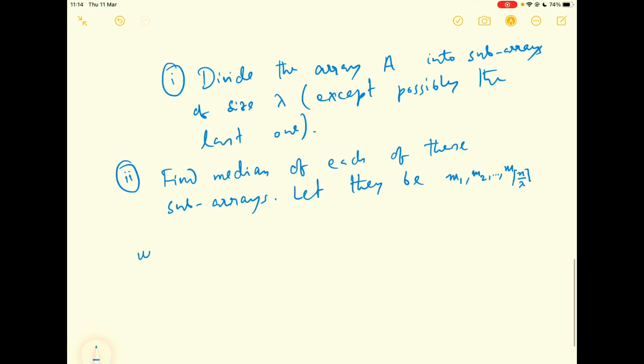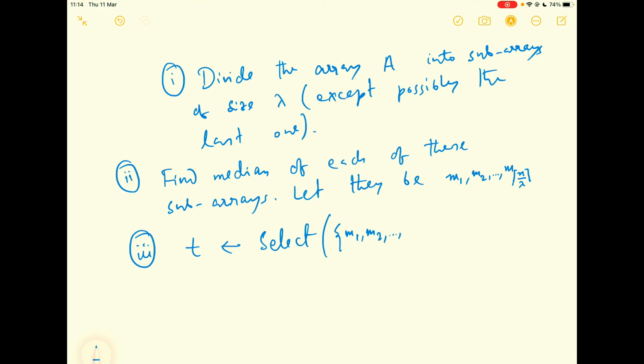So third step is, and that will be my pivot. So T is select, I store these elements in an array and pass it, M1, M2.